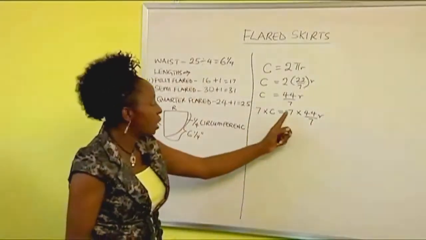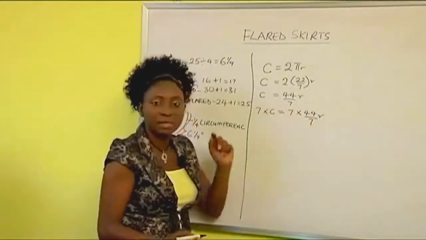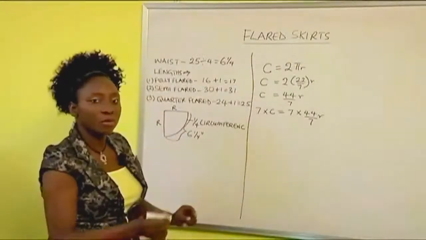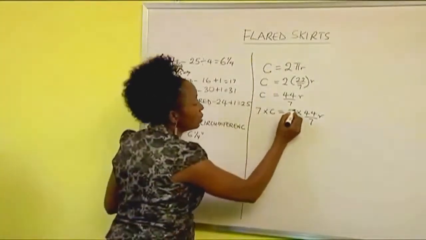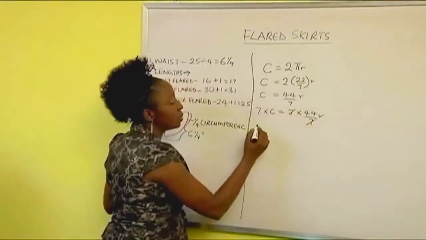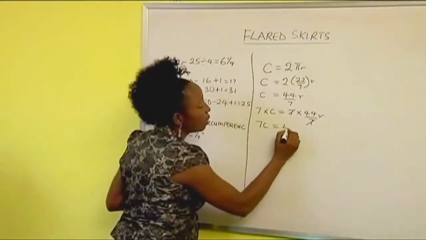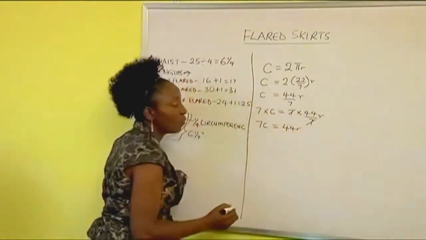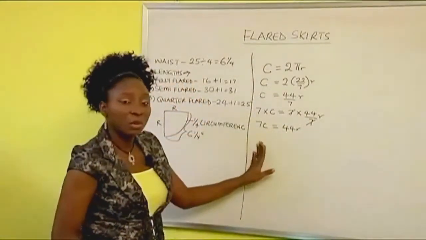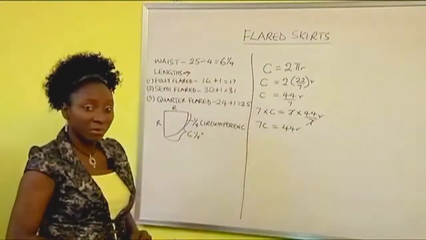In mathematics, once you have this, 7 will cross 7 out, so you cross those out. When you cross that out, what you're left with is 7C equals 44r. So you can see that we're very close to making r the subject of the formula.